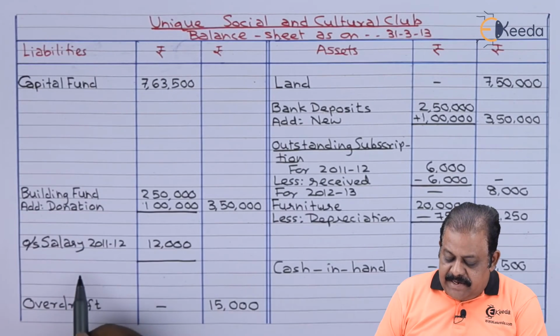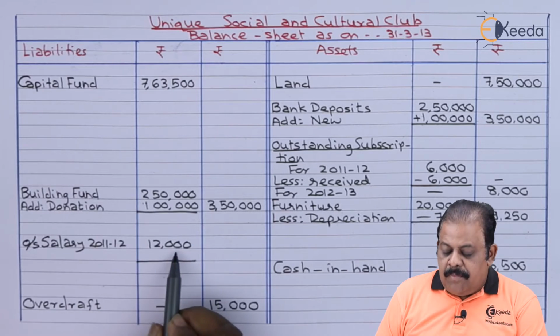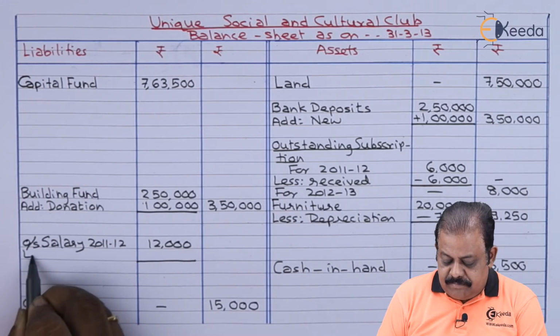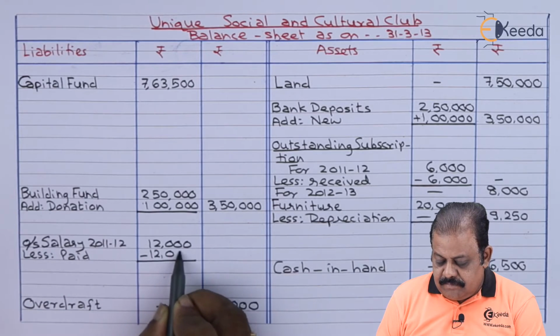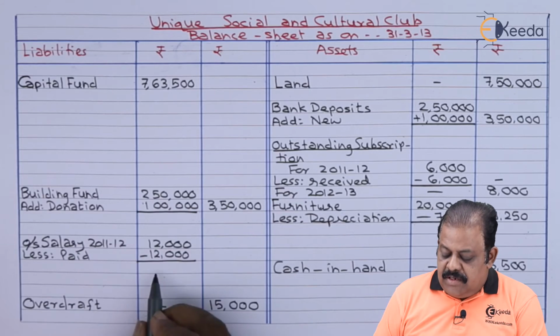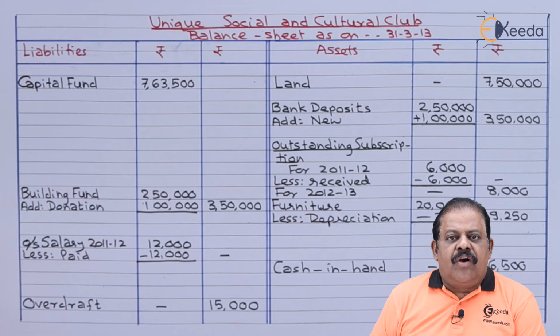Here on the liability side, outstanding salary of 2011-12 amount is 12,000. It is paid during the year. So in the new balance sheet this item will not reflect.